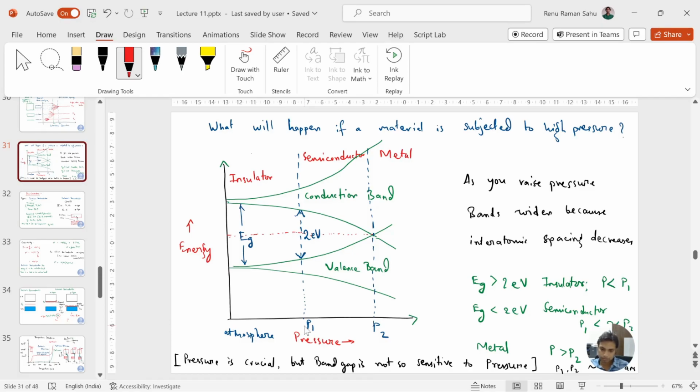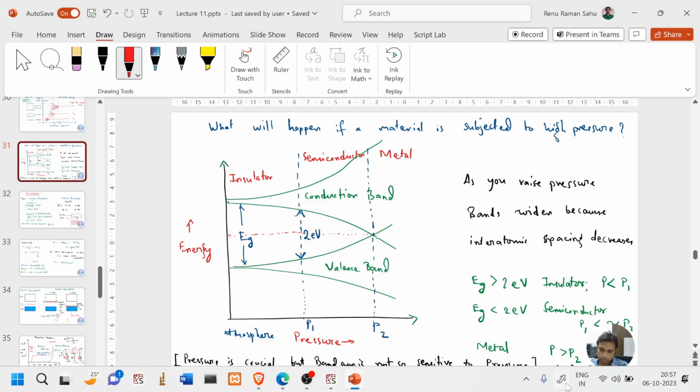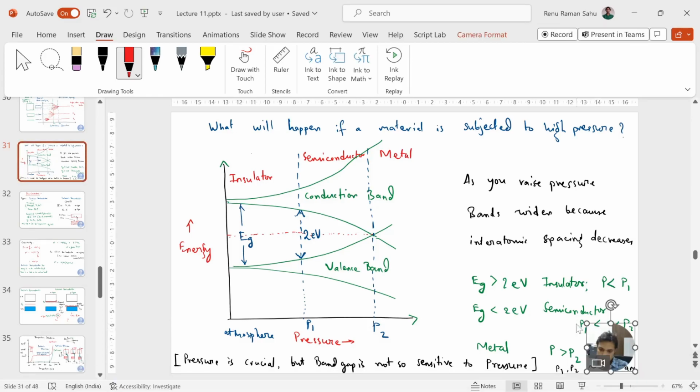Yeah. So basically, with the increase in pressure, we see more conduction. It will get into conduction mode. If you increase pressure, it will get towards being a conductor.